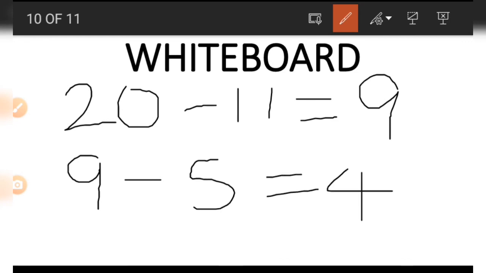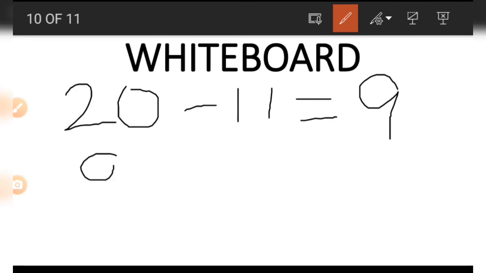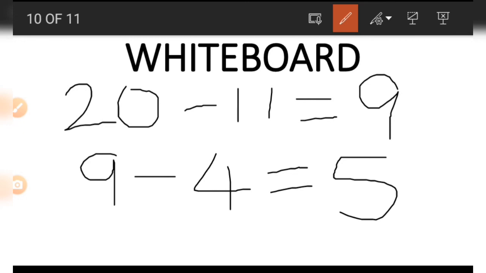So 9 minus 5 is 4. So that is how we get the 4. The same way we can get the 5 by subtracting the 4 from the 9. 9 minus 4 is equal to 5.